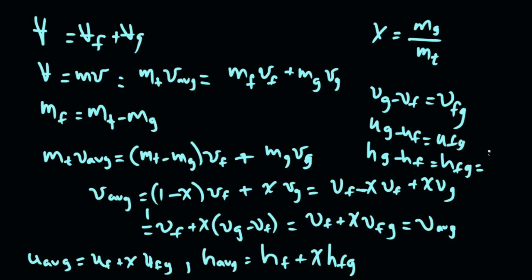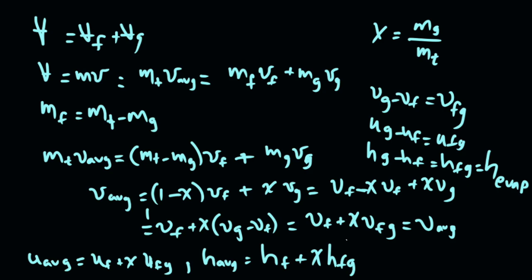This is an aside, but this is also the evaporation enthalpy, which basically, when you subtract the enthalpy of the vapor minus the enthalpy of the liquid, you're actually getting the latent heat of evaporation. So this is how we determine properties.